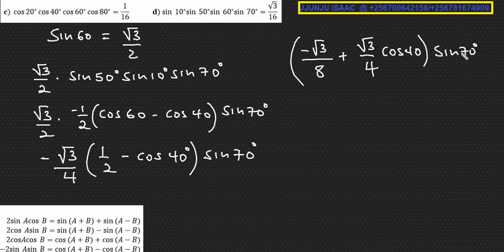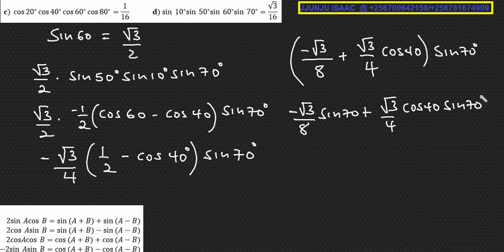I'm also going to multiply the sine into this big bracket, so we shall get negative root 3 out of 8 sine 70 plus this times this, we get root 3 out of 4 cos 40 sine 70 degrees.